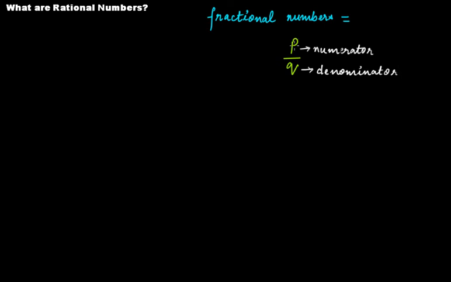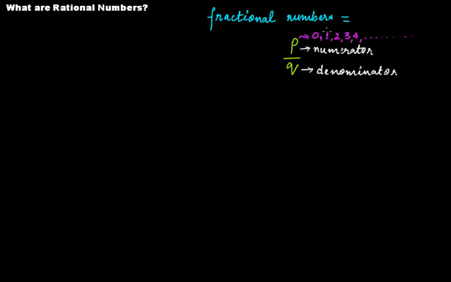Now, this p can take values 0, it can take 1, it can take 2, it can take 3, it can take 4, and so on. That means p can be integer 0 or any positive integer, right?